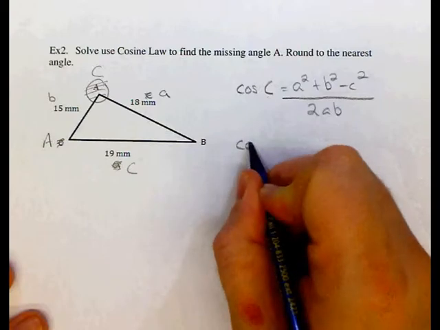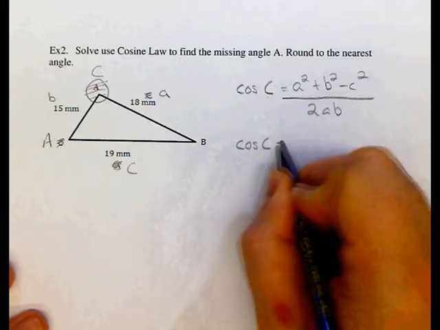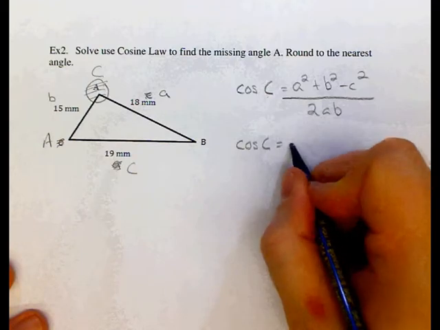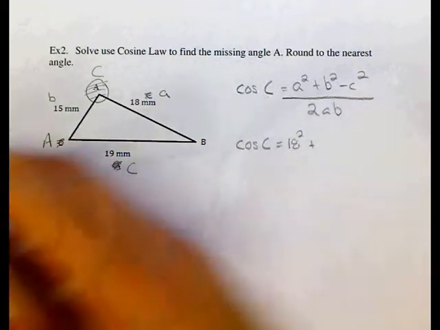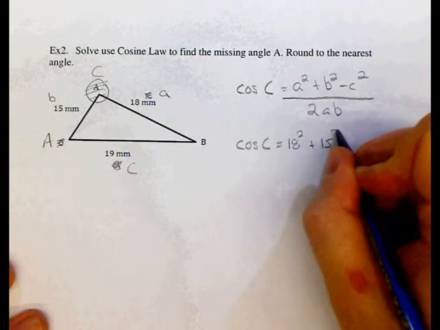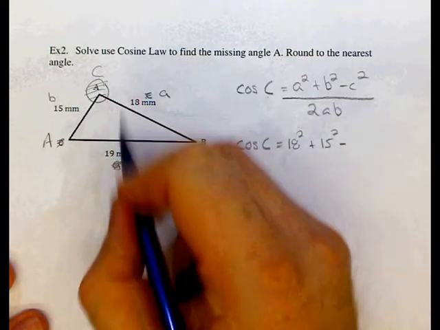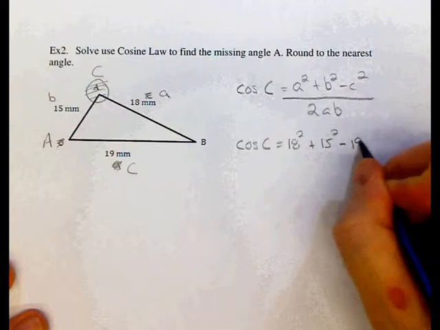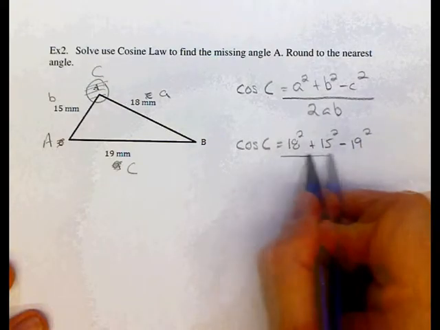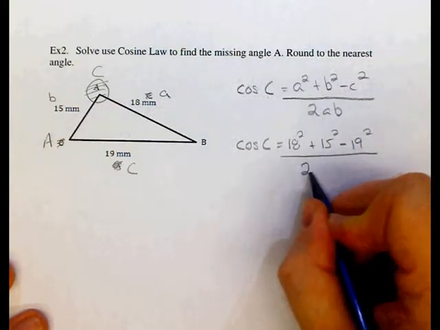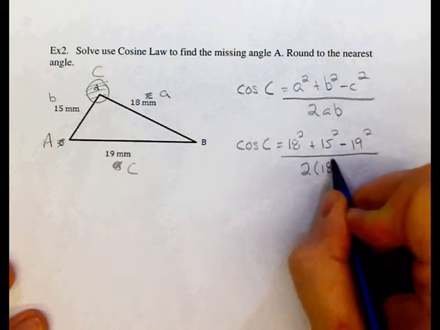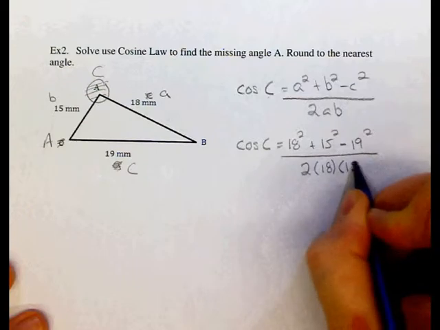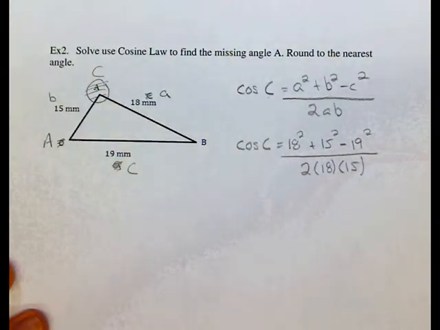So cos of C equals A has been named 18, B has been named 15, minus C, which is 19, all divided by 2 times 18 times 15. Let's pull out the calculator.